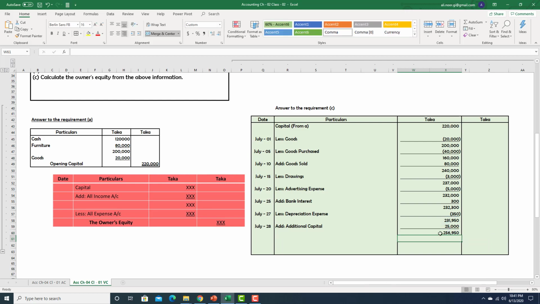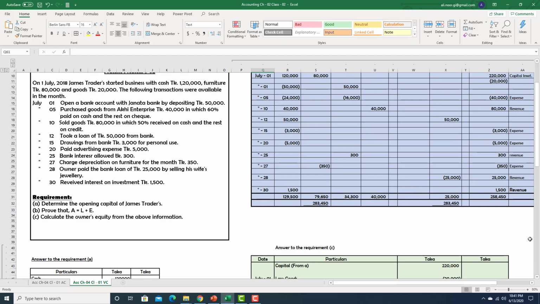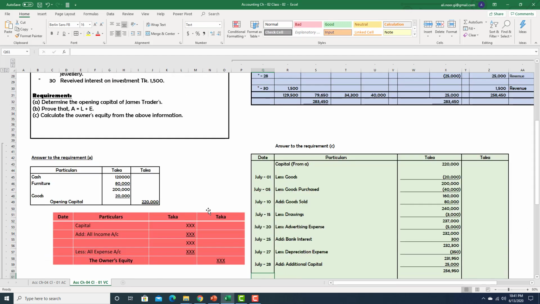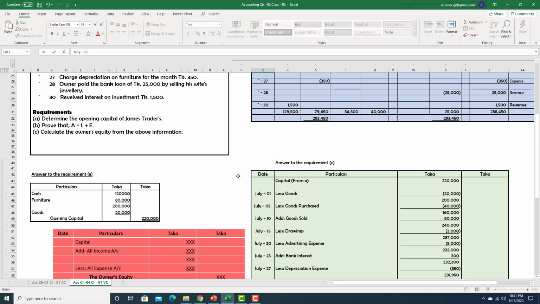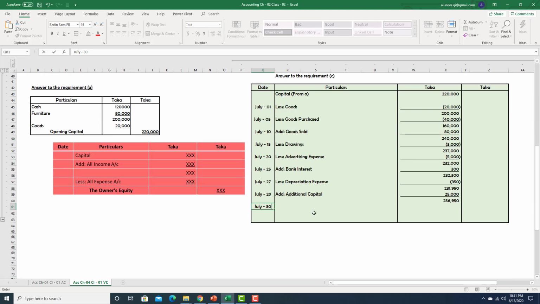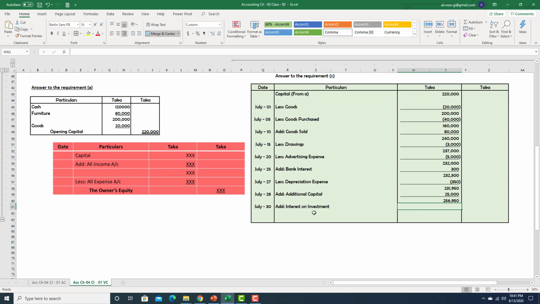So sum, this is added, and the final one is 1500, and this is for interest received on investment. So July 30, add interest on investment, and this is 1500.